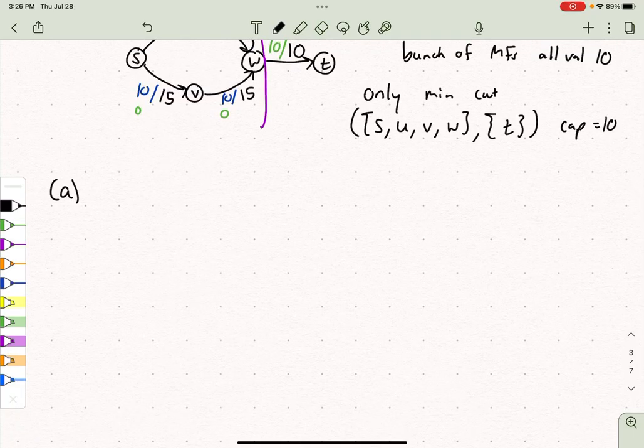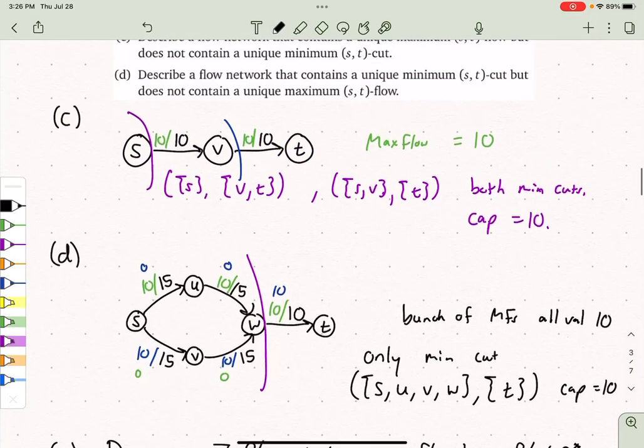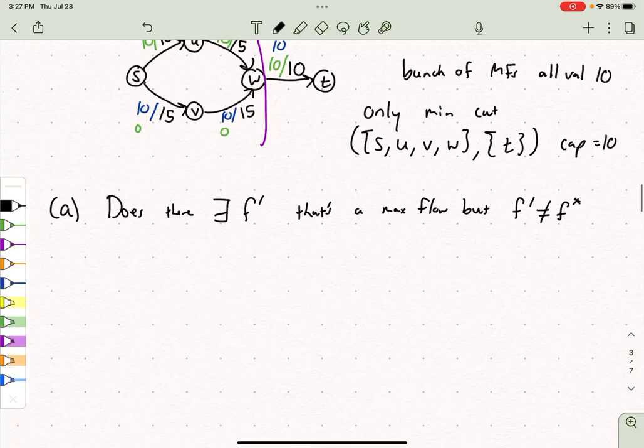And now we want to think, does there exist an F prime that's a max flow, but different from F star, which is the one we're given.